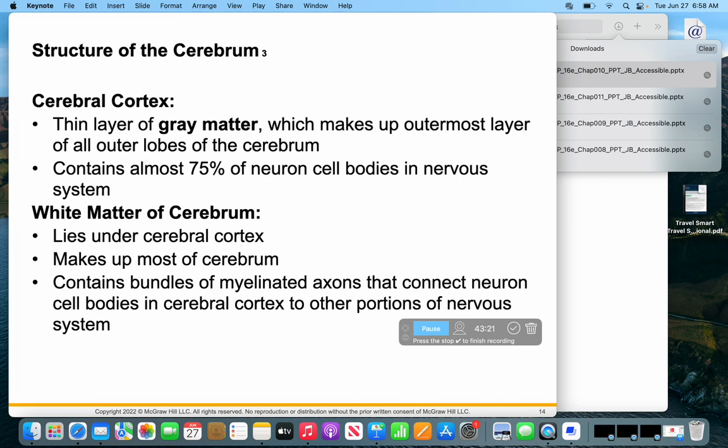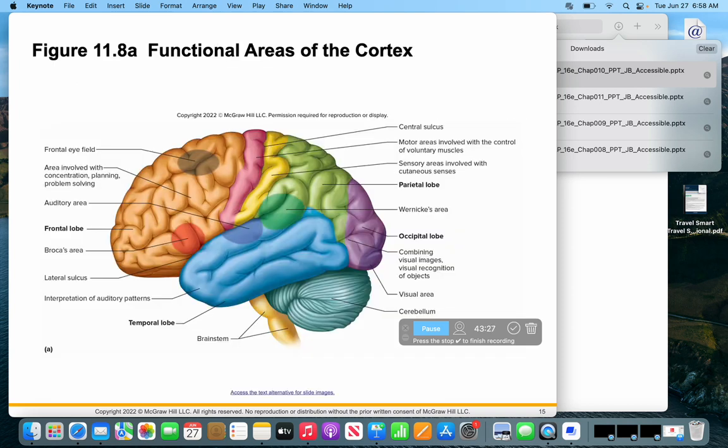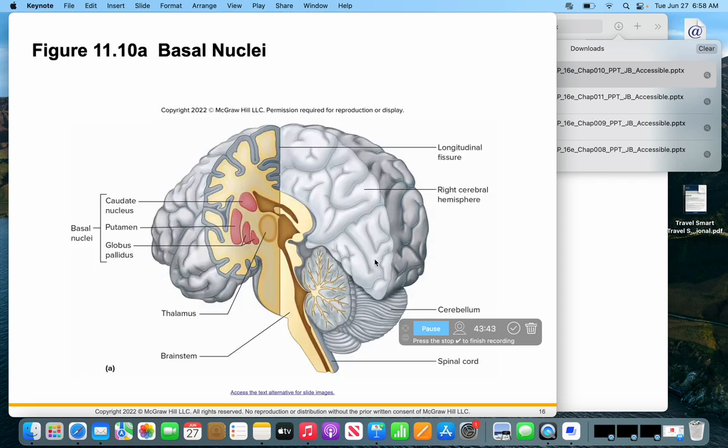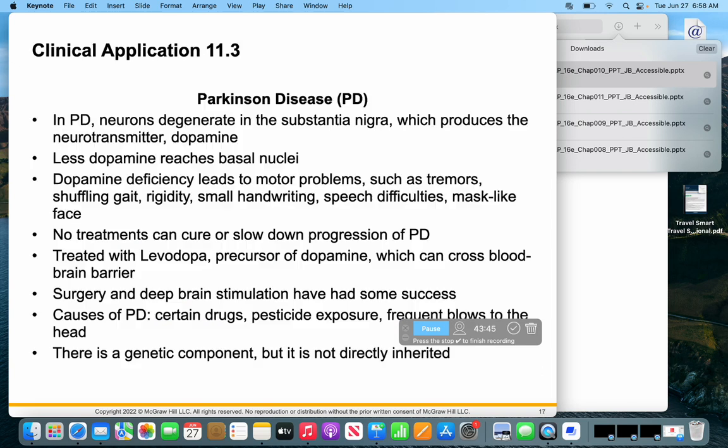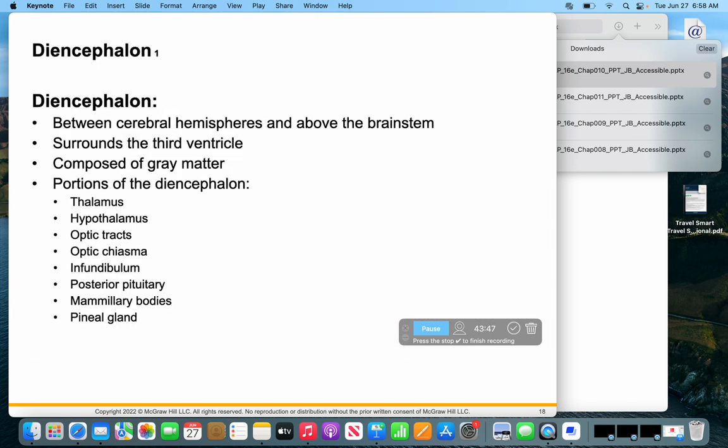Again, gray matter on the outside of the cerebrum, white matter on the inside. And then these different regions like Broca's region and Wernicke's, and how this is the visual. Remember, we just learned about eyes in this last unit, and how those neurons cross and then finally meet back here. We don't worry about basal nuclei or Parkinson's disease.